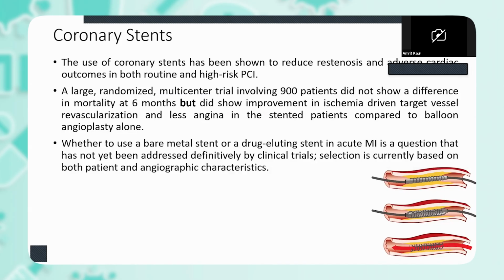There is no mortality benefit between these two, but the studies have shown that if we use stent as compared to balloons, there is improvement in the revascularization and less angina in stented patients, but no mortality benefit again. There are two types of stents that you can use. You can use a bare metal stent or a drug-eluting stent.